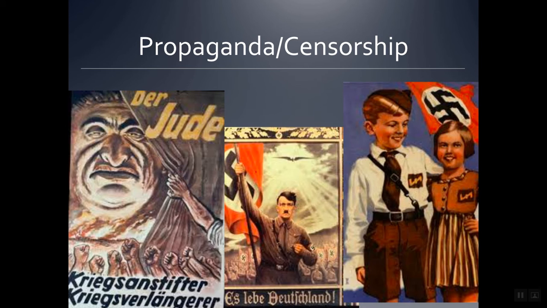So just images that really showed Jews in a very negative light, whereas Hitler is shown in a very positive light, right? So literally heaven is smiling down on this leader, right? You have your two perfect, League of German Girls and Hitler Youth, whereas here you guys can see these hands sort of uniting against this enemy is what they're calling him.